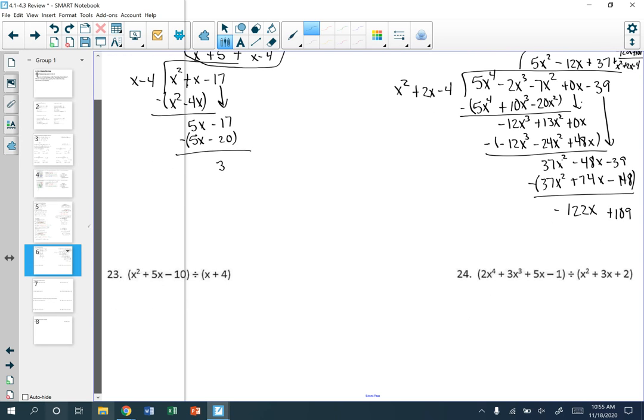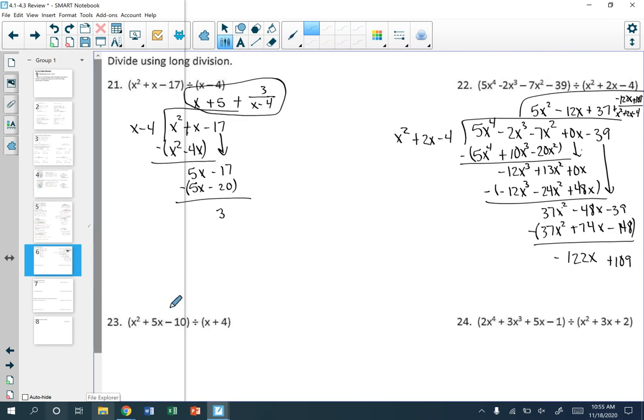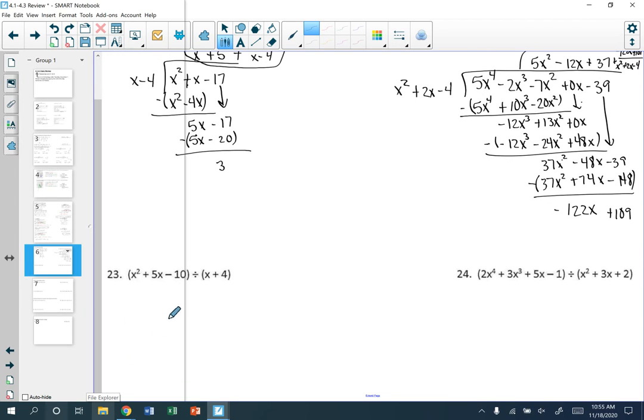All right, two more long division here. X squared plus 5x minus 10 divided by x plus 4. Okay, I need to get to x squared, and I have x, so I'm going to multiply by x. X gives me x squared plus 4x. Subtract.